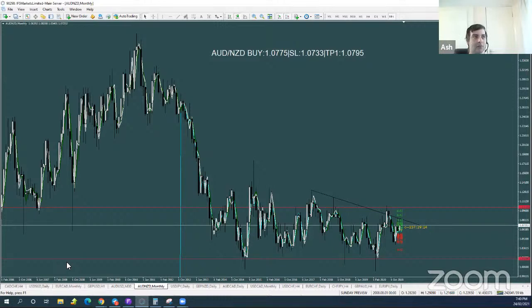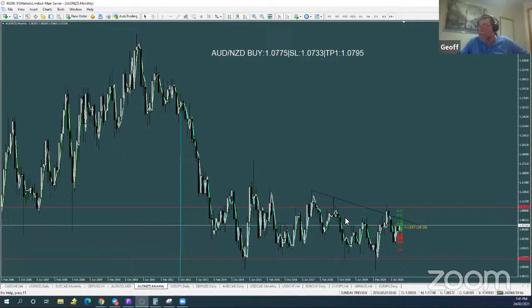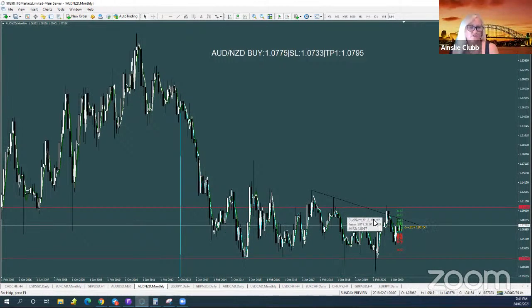There you go. That's why you've got that sensitivity between the Aussie and Kiwi. And as simple as Jeff said, when it gets to 101, you go long. When it gets to 110, you go short. It's very sensitive, and there's that range there, Ainsley. Yeah, there you go. That's 101. That's 110. Hello. I rest my case.